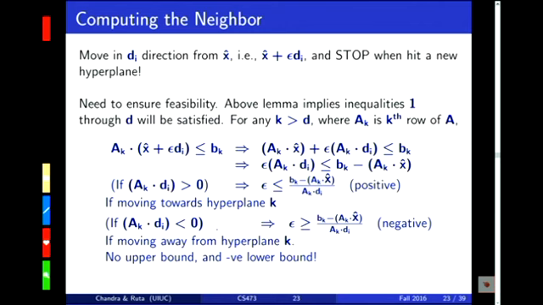Suppose this is the hyperplane and this is the feasible region, and I want to make sure that this never violates when I'm walking. So I always remain on this side of the hyperplane. Is there any bound up to which I can walk to keep this feasible? No, right? I can keep walking up to infinity. And this will always remain feasible because I'm moving opposite to the hyperplane.